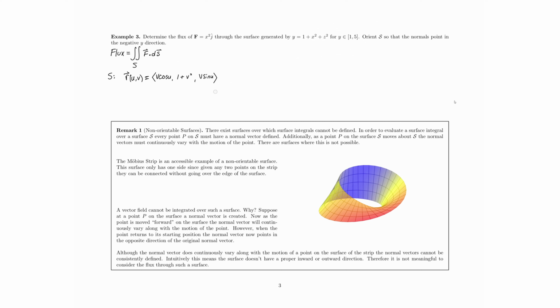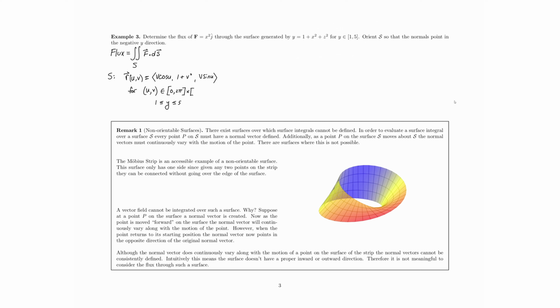All right, now that we have that, what is our range going to be? Well, we can say for u comma v in, well, we know that u definitely goes between 0 and 2 pi, crossed with, let's think here, we know that y is supposed to be between 1 and 5.